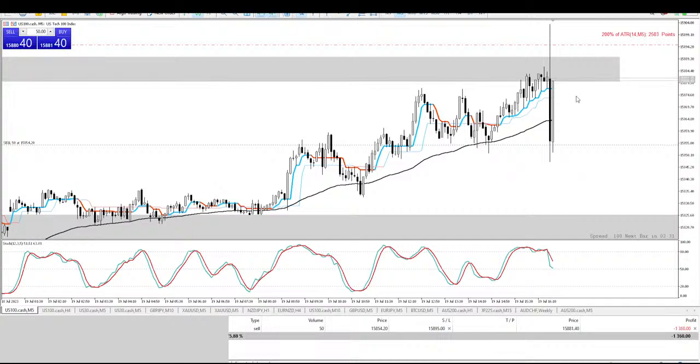This is why I don't like trading this time sometimes. Should have waited for the close below here, I think. Like a proper close, not just a spike in.